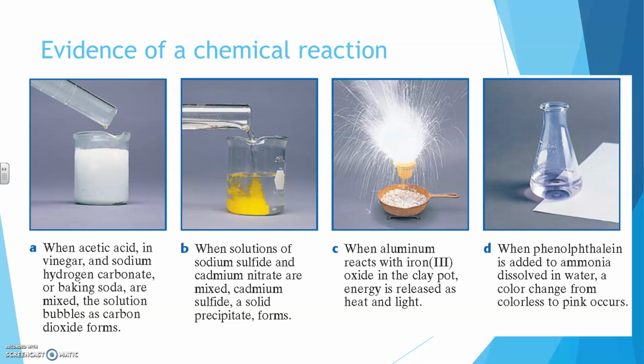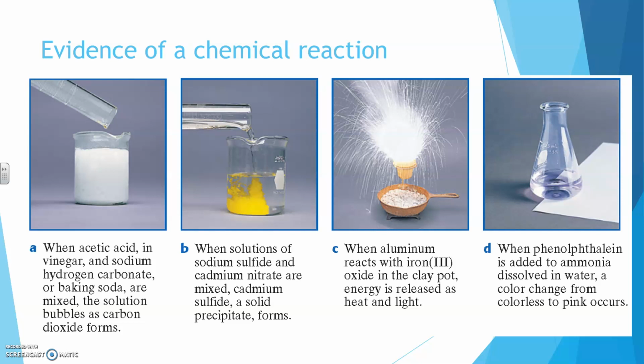Alright, so then you've got aluminum reacting with iron 3 oxide in this clay pot. You get energy released, produced in the form of heat and light. If you get heat and light, or heat or light, that is also a pretty good indication that a chemical reaction is taking place. And then in this last example, that crazy looking word is phenolphthalein.